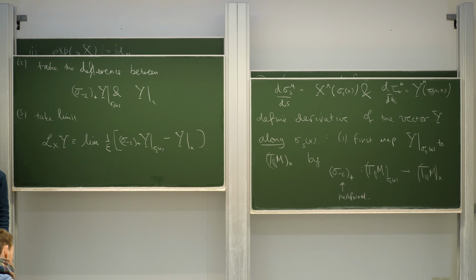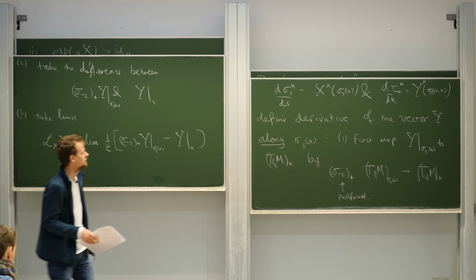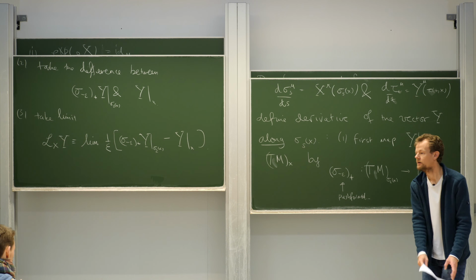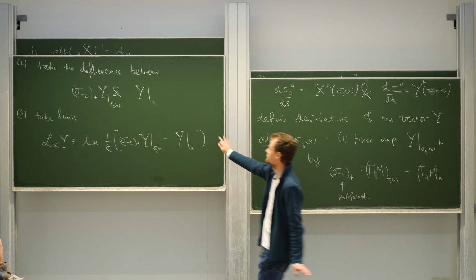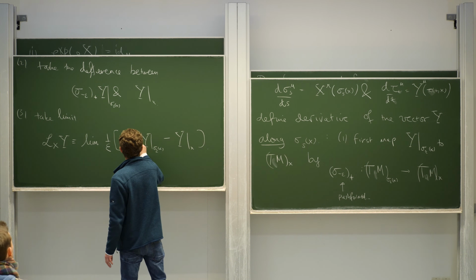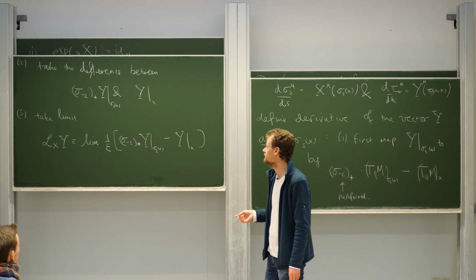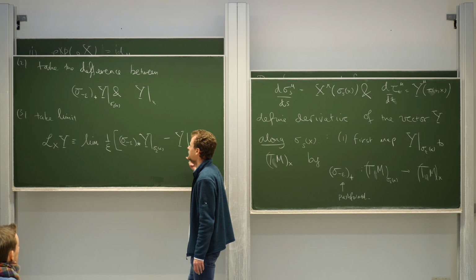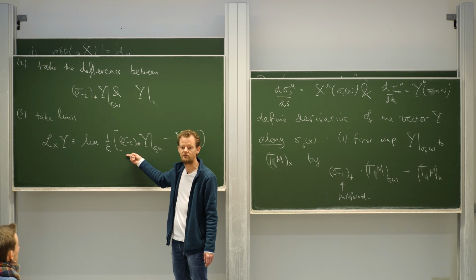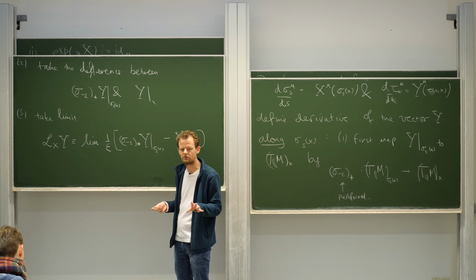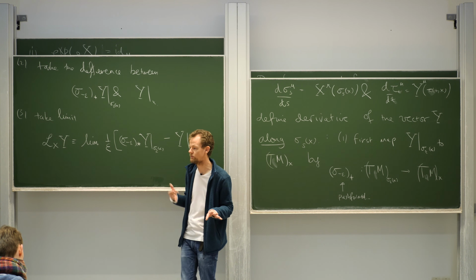So I have a couple of boards full of component calculations which I don't want to do now. So I think we will stop here and defer those calculations. We're going to express this whole thing in components, in coordinates, and we'll see that we get quite an elegant formula for this Lie derivative. And then we'll also extend this notion to one forms. You can already feel how the definition will look for one forms.